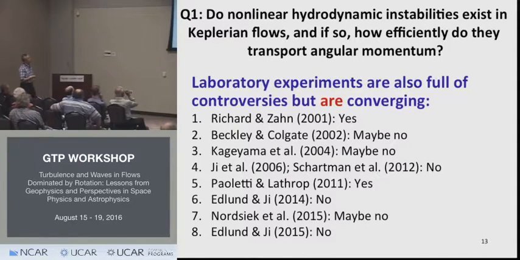And then with a new device, which I'm going to describe after this, we figured out a way to break down the Ekman circulation to test this idea. We say it's no. We then enjoyed about five years of quiescence. Then the Maryland group came back and said no, they found instability. It was surprising to us, so that motivated us to rebuild another experiment.